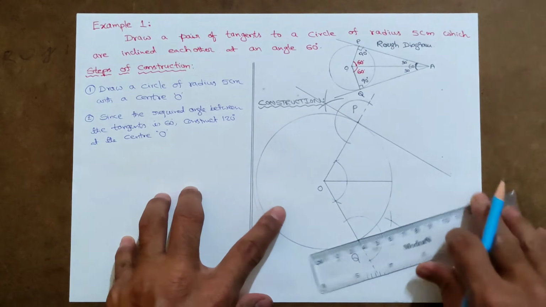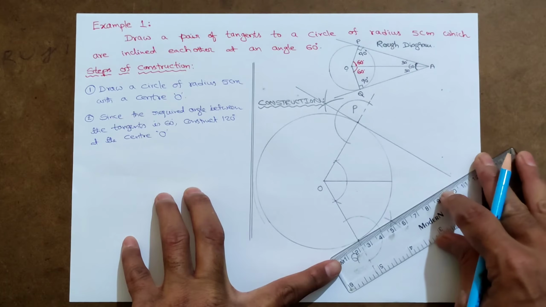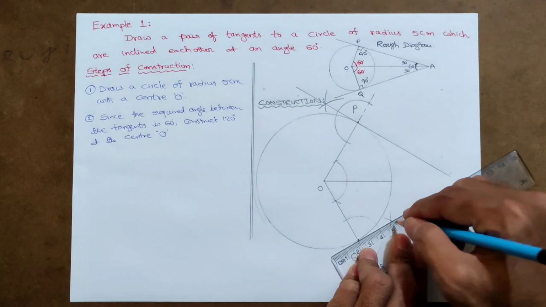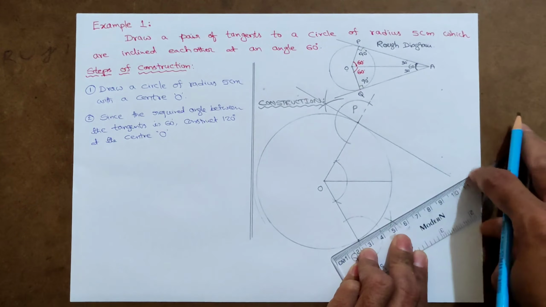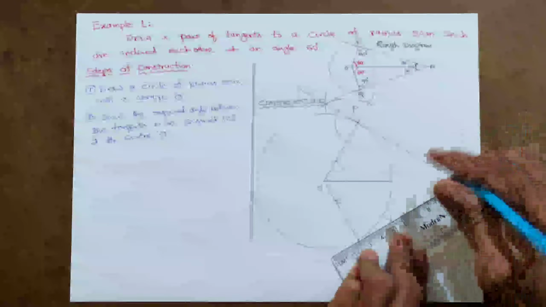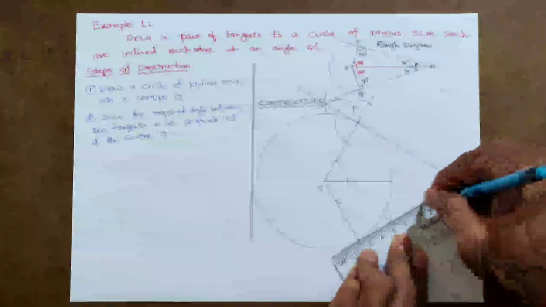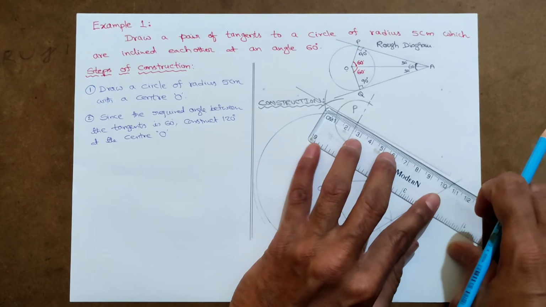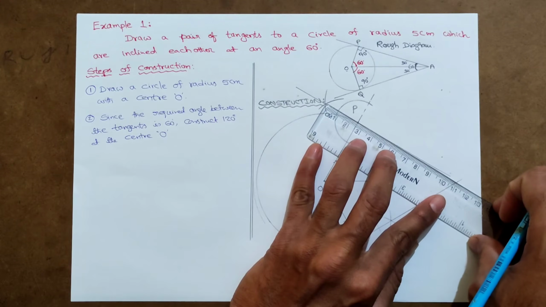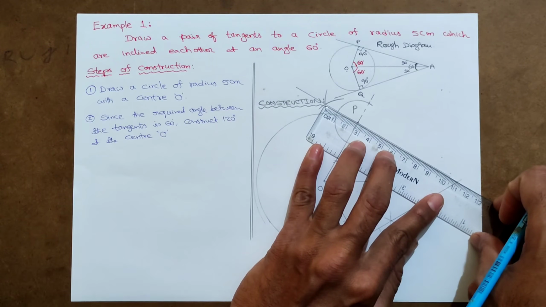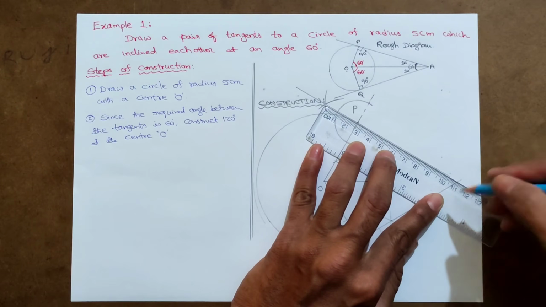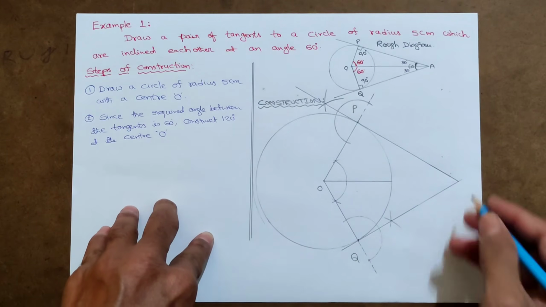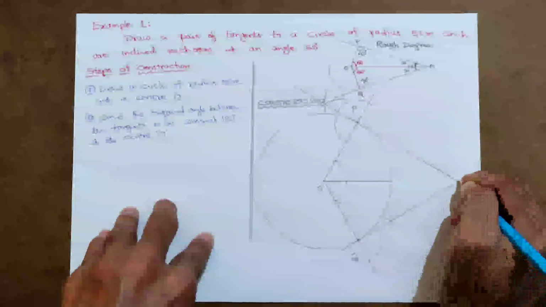Same way from Q we do the same. Okay. So they should intersect each other at a point, that is the required point. Yes. Here this is the required point.